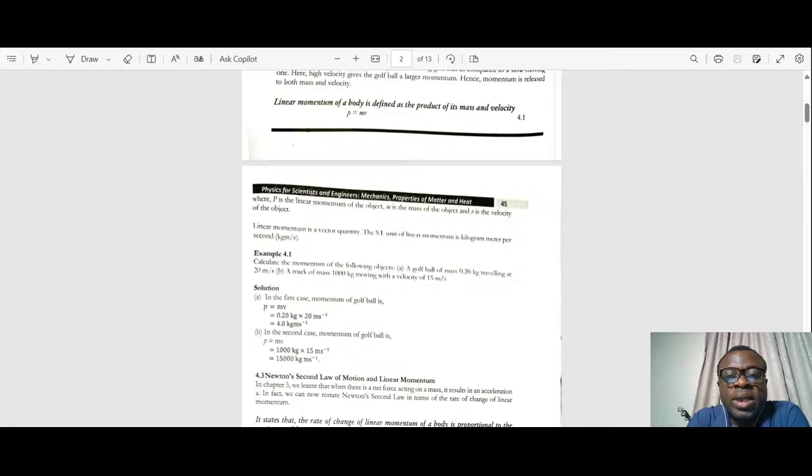There are two questions there. The first one, a golf ball of mass 0.20 kg. So the mass is given there, and the velocity is given.